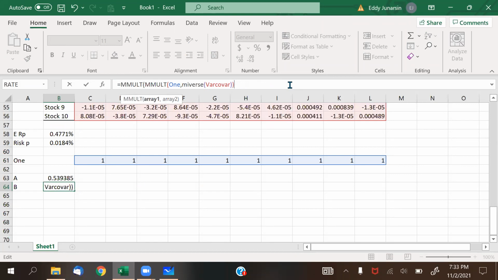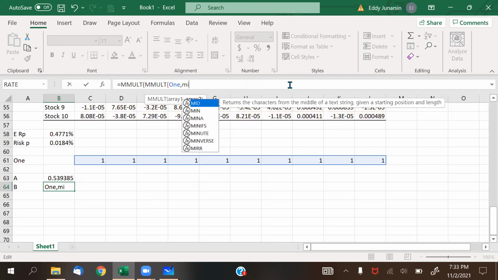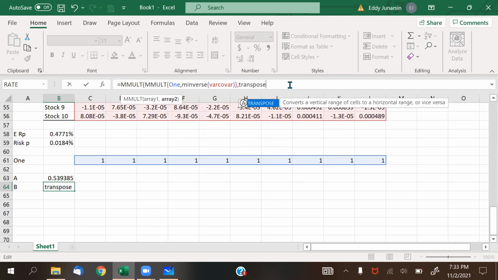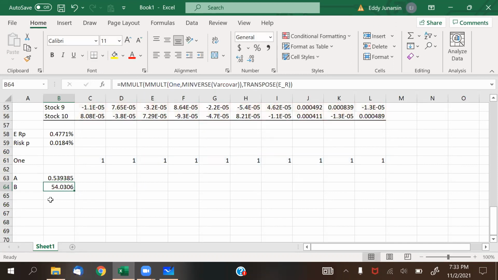Oh, okay, got it. This should be M inverse, so we lost one word there. Var-covar, and then the transpose of the expected return. Okay, so we get a certain value there.